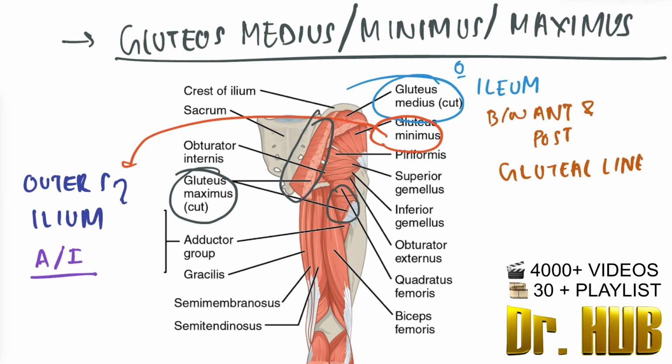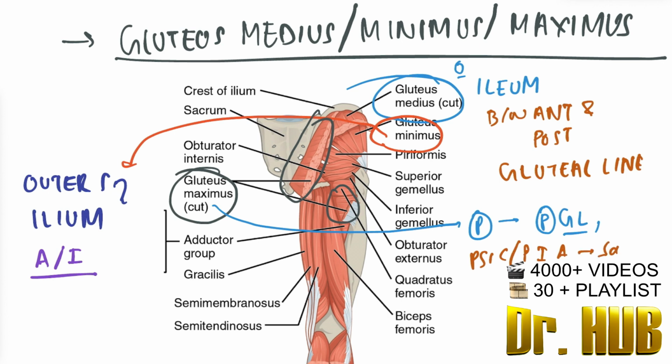Under the gluteus maximus, what we need to know is that the origin is from the posterior aspect of the dorsal ilium, posterior to the gluteal line, and also the posterior superior iliac crest, the posterior inferior aspect of the sacrum as well as the coccyx, and also the sacrotuberous ligament, and the sacroiliac ligament. So this is about the gluteus maximus.